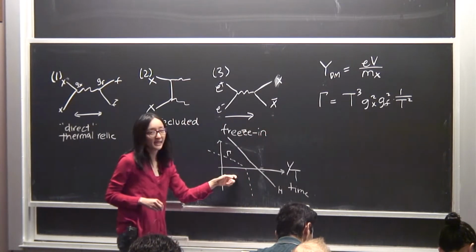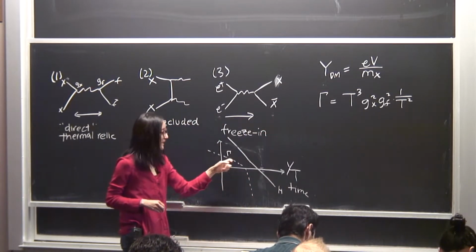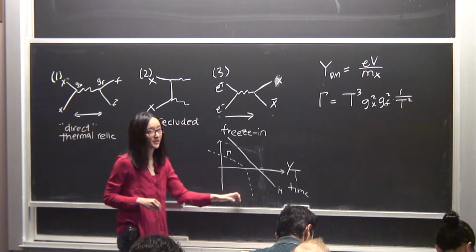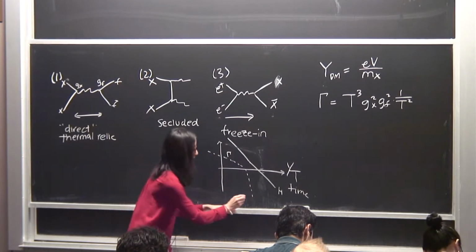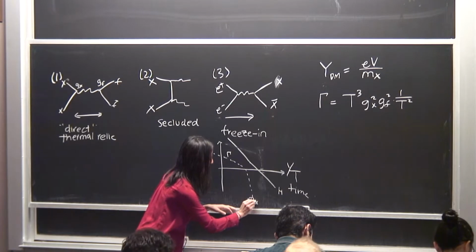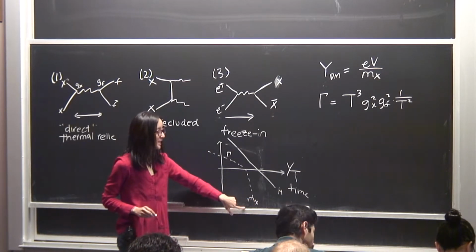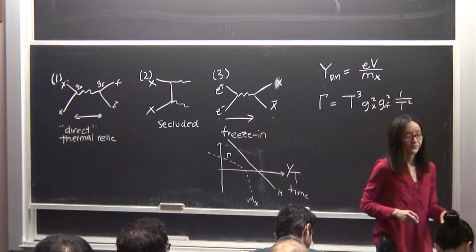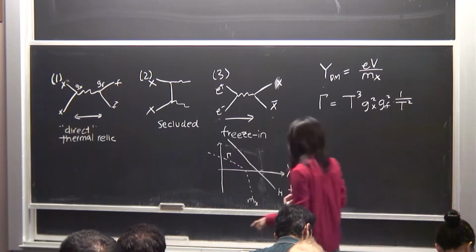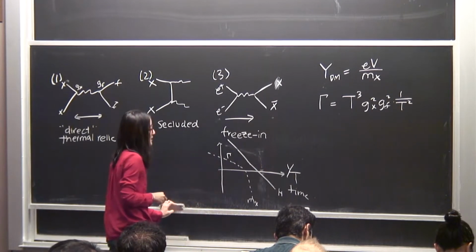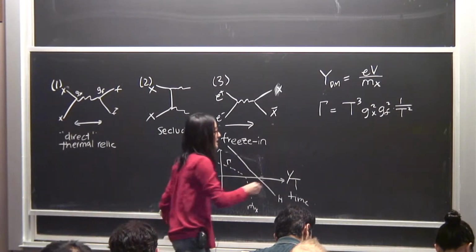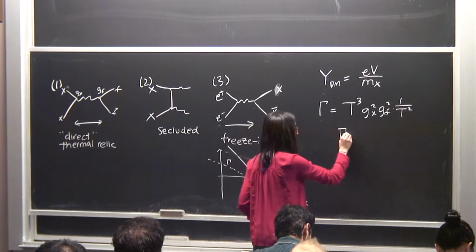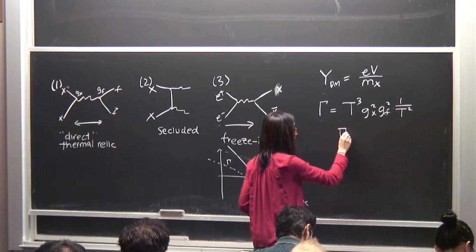So in this case, we see that the dark matter number density basically stops changing when I get to this threshold set by mx or me, but let's just take the two mass scales to be the same. And so to estimate the number of dark matter particles I produce, I want to take this rate and multiply it by the Hubble time.